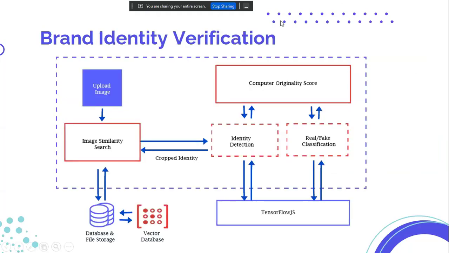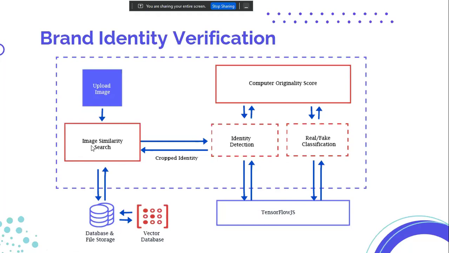When someone uploads an image, it performs an image similarity search. An image similarity search is kind of like Google search where you upload an image to search for items. It works through image embeddings, which, as we discussed before, create a numerical representation of an image. So it looks at the numbers and finds which are similar.